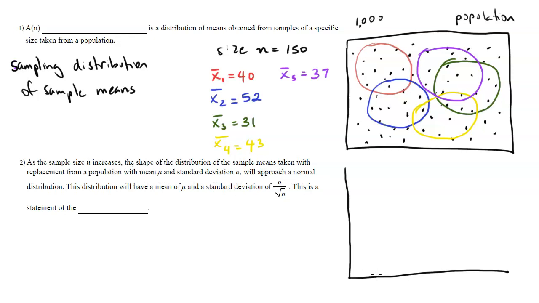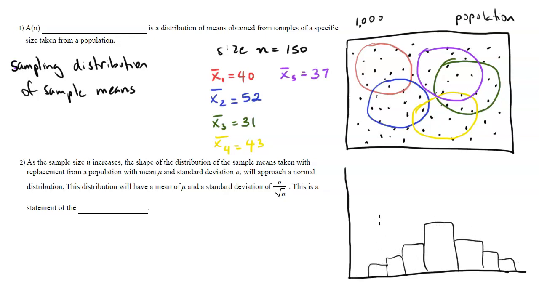The shape of that distribution is going to get closer and closer to a normal distribution.